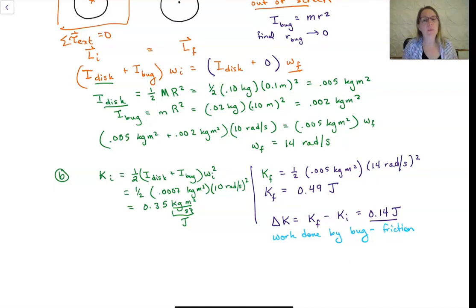We don't have to know about it, but that's there. So we could have actually calculated the work done by the friction, by the bug, if you like, its internal energy to create that friction, or at least to keep the feet moving. And so that gives us our 0.14 joules.